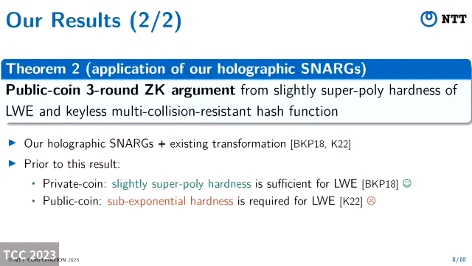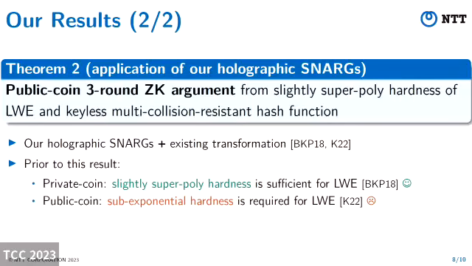And as an application of a holographic SNARG, we use an existing transformation to obtain a public coin 3-round zero-knowledge argument from a slightly superpolynomial hardness of the learning with errors assumption and keyless multi-collision resistant hash functions. Prior to this result, even though a private coin 3-round zero-knowledge argument was known from such assumptions, a public coin 3-round zero-knowledge argument was known only when LWE is sub-exponentially hard.